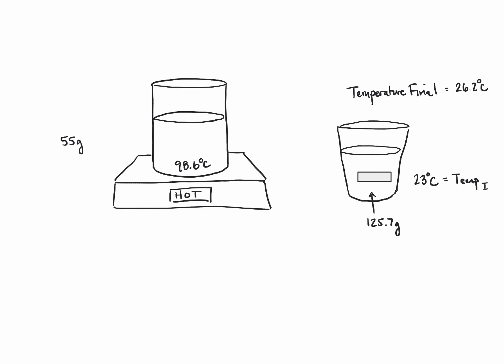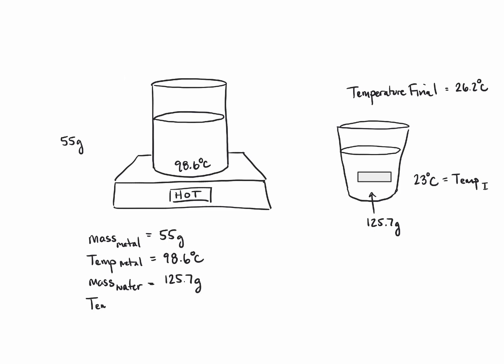So let's write down all of our information. We've got the mass of the metal equals 55 grams. The temp of the metal equals 98.6. The mass of the water equals 125.7 grams.